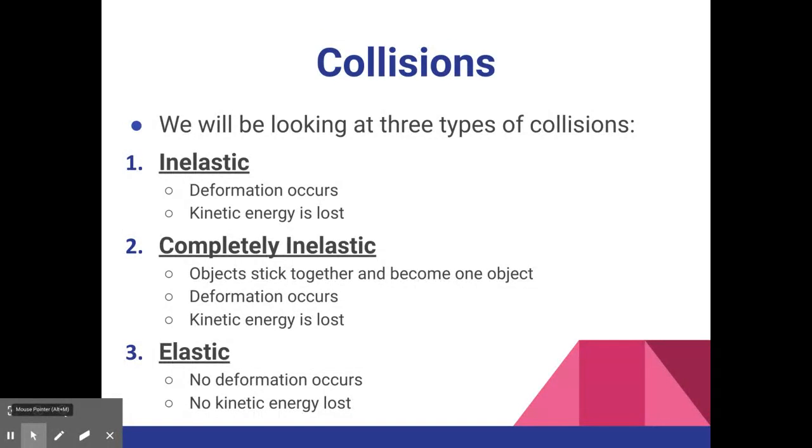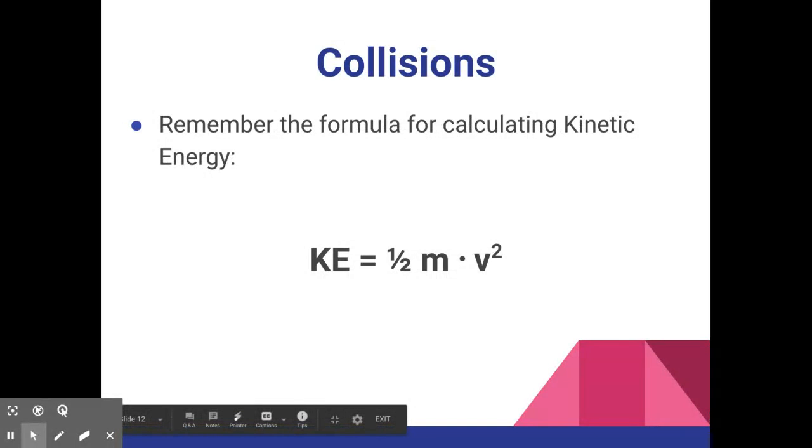Say in an automobile wreck, there are times when two cars collide and they more or less stick together, or at least they become one object. But for the most part, most of them are inelastic. The reason why we don't look at them, we'll get to in just a minute.